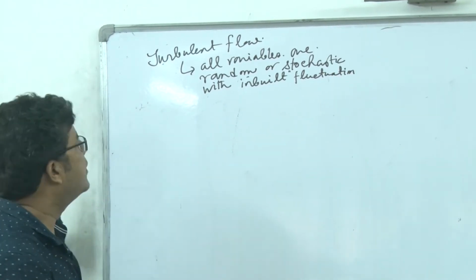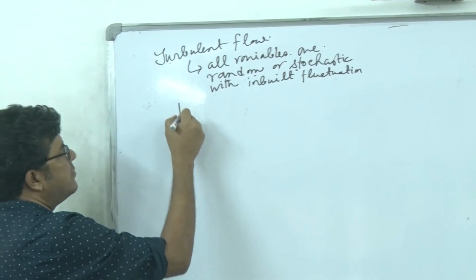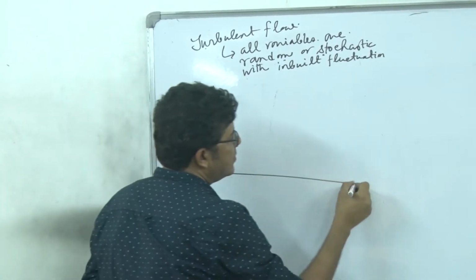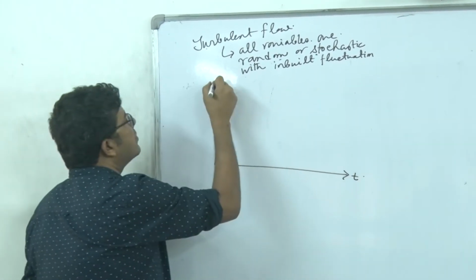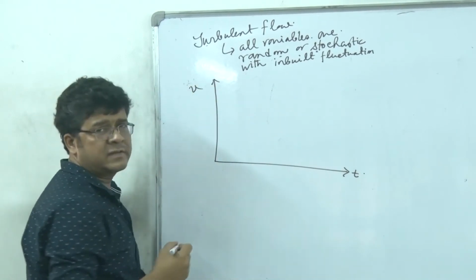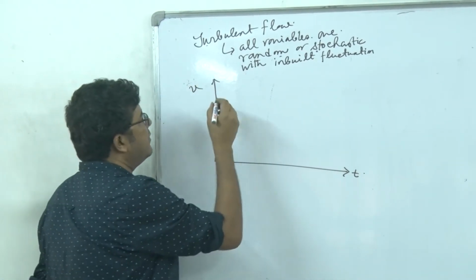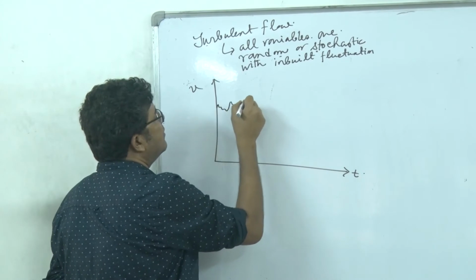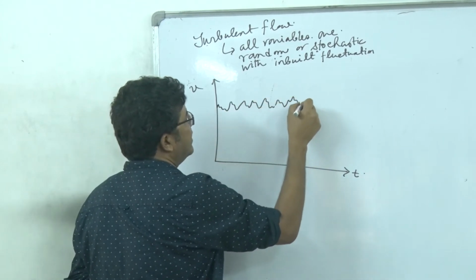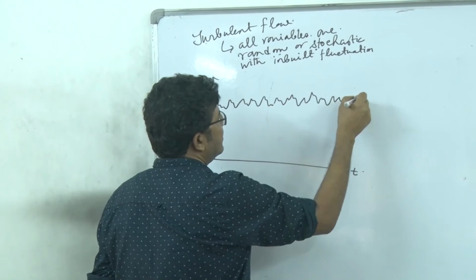Right. So just like we are measuring this x component of velocity, we have discussed it, and we will observe, say, one type may be like this at any point.